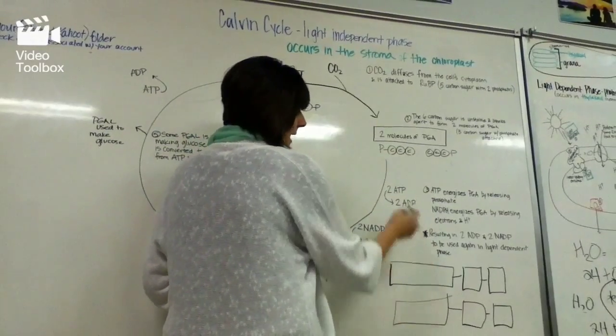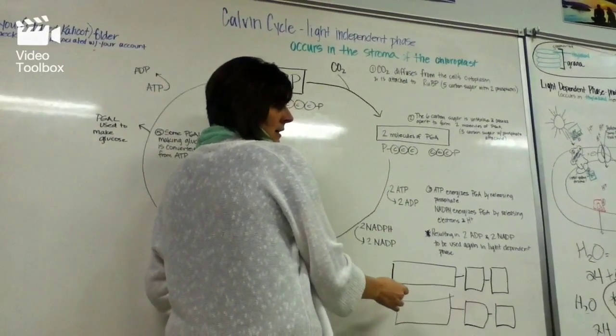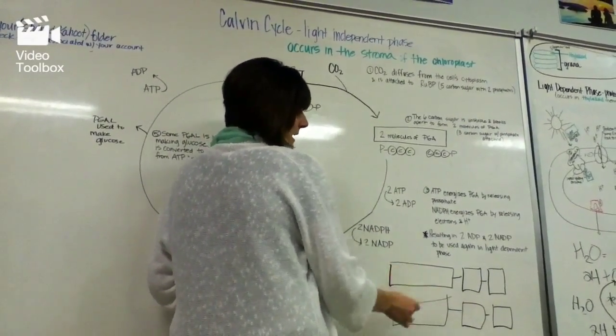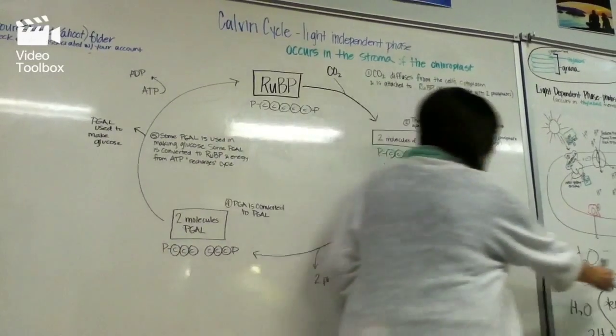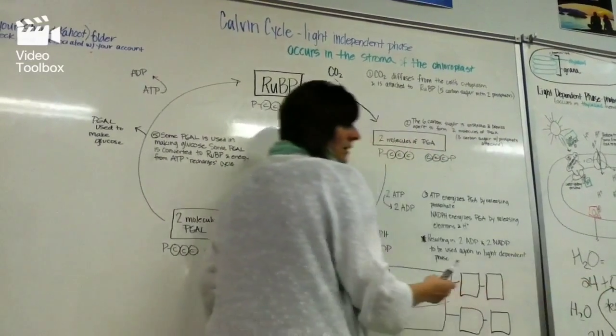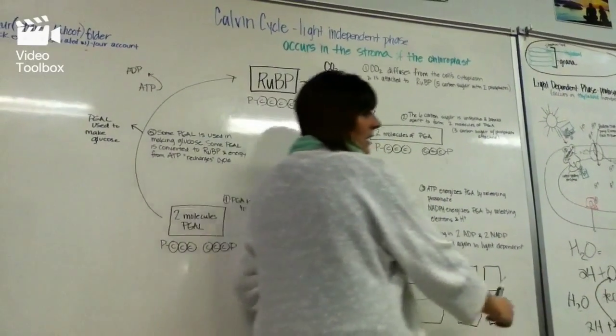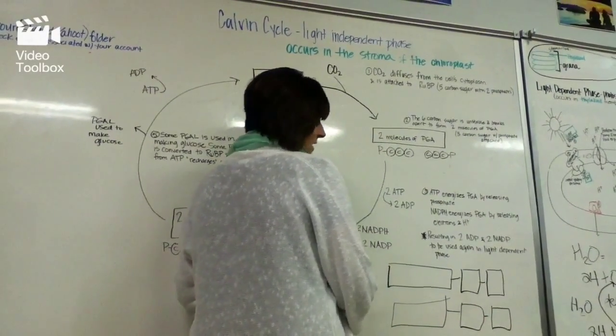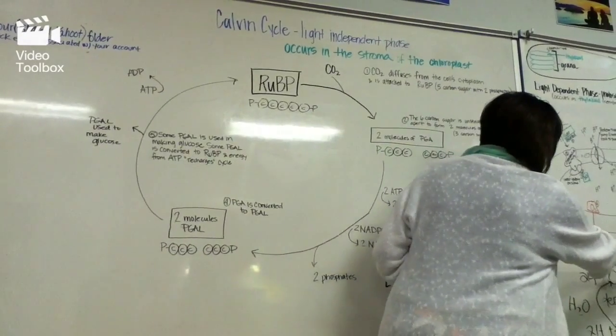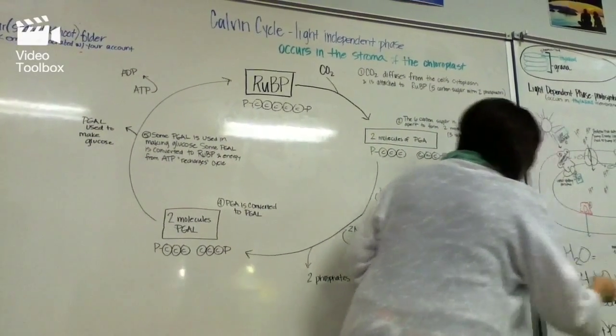We're left with 2 ADPs. These ADPs are then sent back to this cycle to be recharged, same with the phosphates that just broke off. These phosphates are sent back over here to connect back with ADP again.